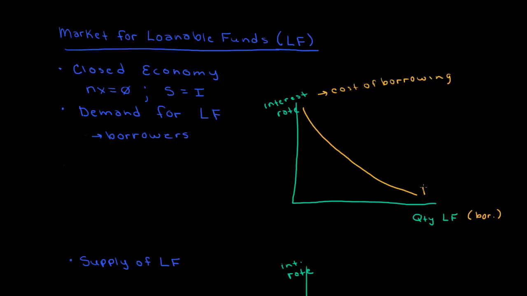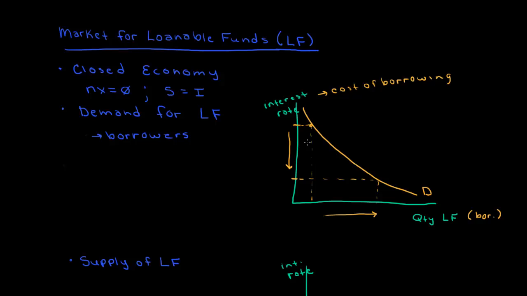The demand for borrowing, or the quantity of loanable funds demanded, is inversely related to the interest rate. At higher interest rates, firms will not want to borrow as much money. If the interest rate falls, we see that the firms or the government is willing to borrow more money.